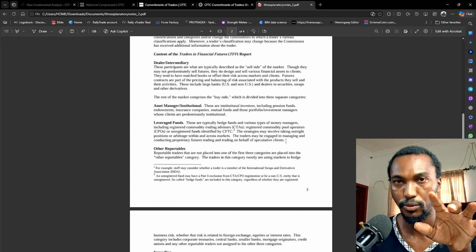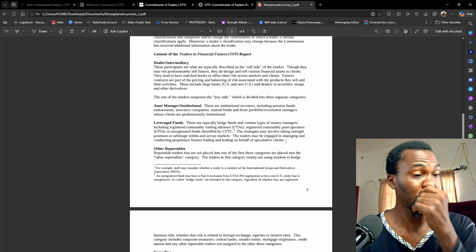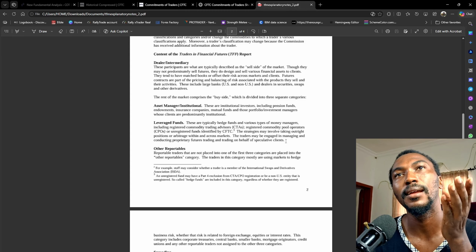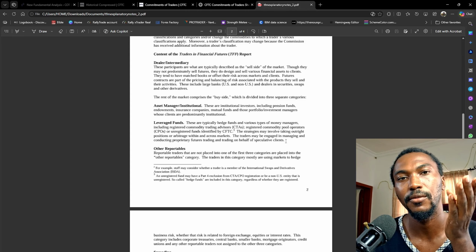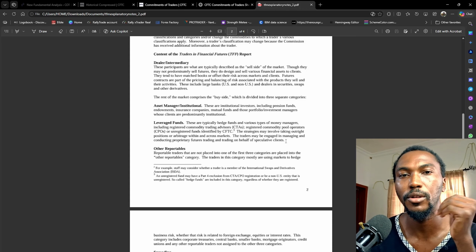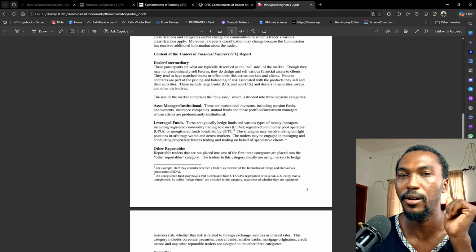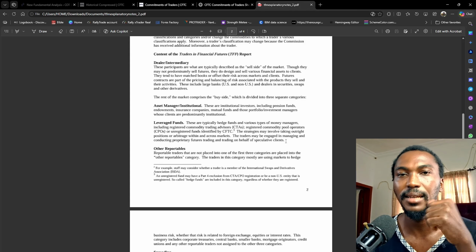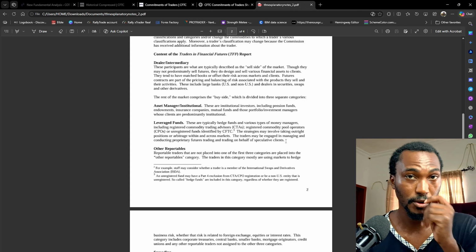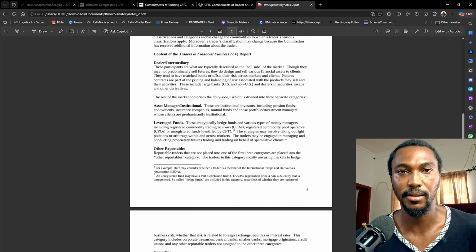Now, look at you, who is trying to follow the institutional traders. Do you think you have that amount of financial grace if the market goes down 5% right now? No, you don't. Your stop loss has been hit long before it even hit 1%. Those guys have the stance. The market can go down 10, 15%, and they are not feeling it. Why? Because they have the financial backing.